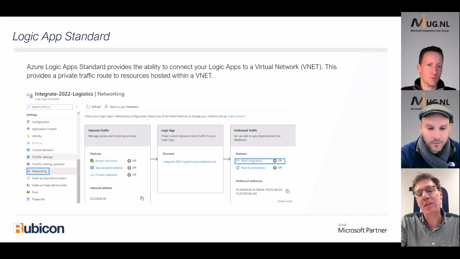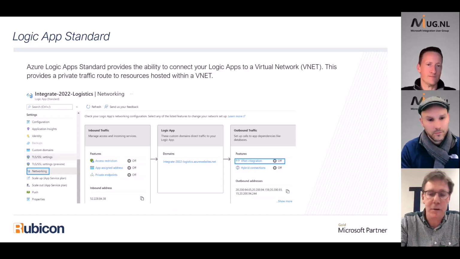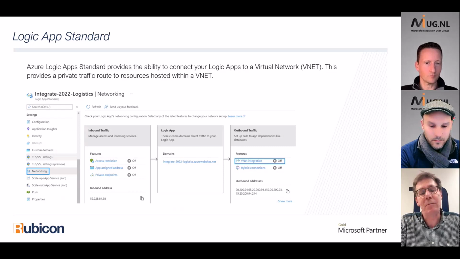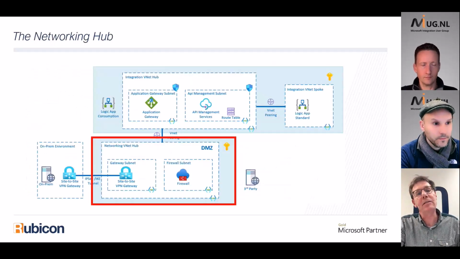And here we can specify VNet integration. That means that Logic Apps are inside the virtual network. And because we have VNet peering, we can have a private traffic route to API management. That's the idea of this.